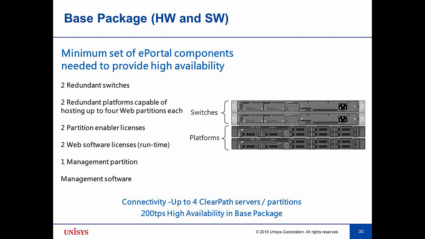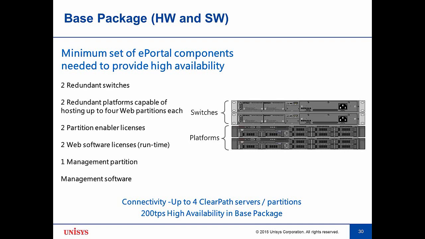We include 2 partition enabler licenses, and that's why I say when you want more capacity, you would buy an additional partition enabler and an additional web software license to go with it. The base package contains 2 partition enablers and 2 web software licenses for runtime and a standard management platform and management software. You can connect to 4 back-end partitions or 4 back-end servers, depending on the nature of your requirements.